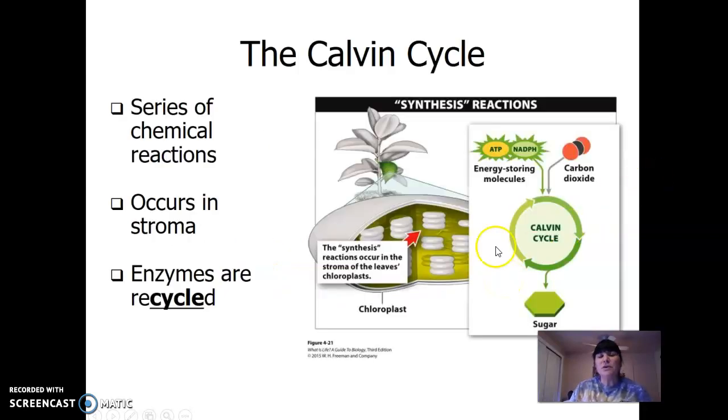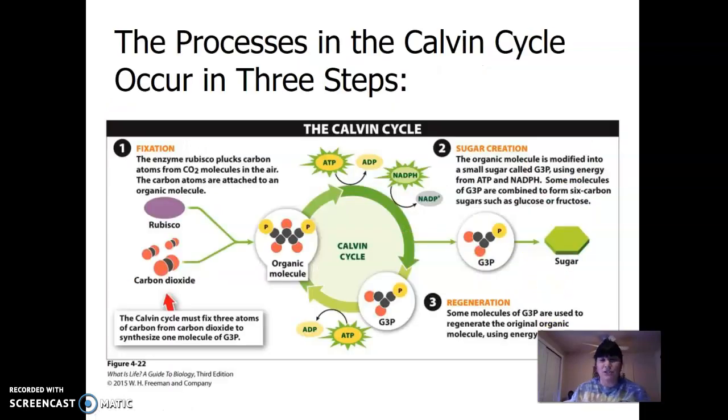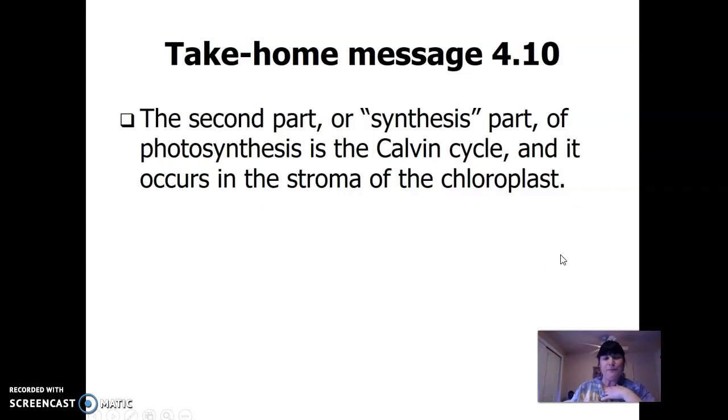Okay, so here in the chloroplast, the ATP and the carbon dioxide go through something called the Calvin cycle, and we get our sugar. So here in the dark reactions, again, you don't have to worry about the details. You just need to know the big idea that we're going through, and we're going to pump out some sugar.